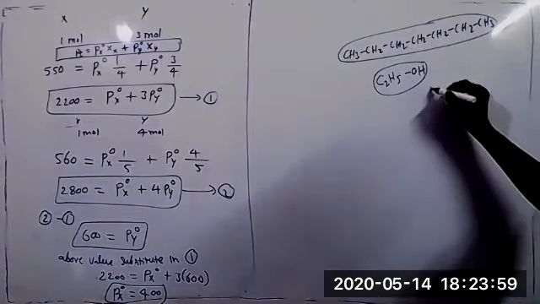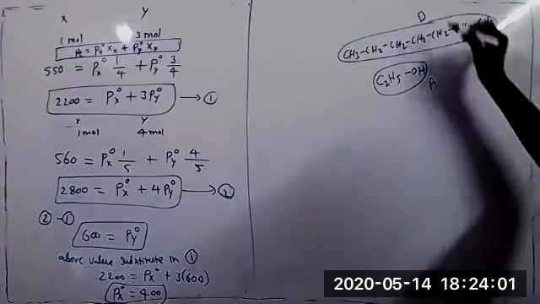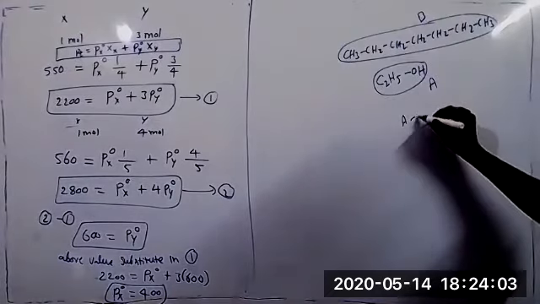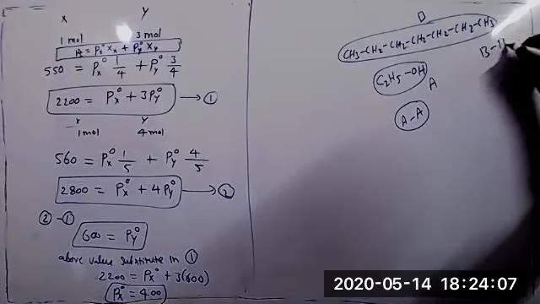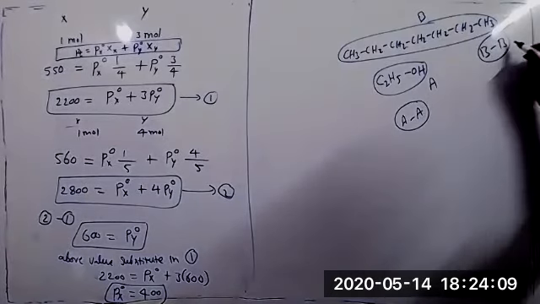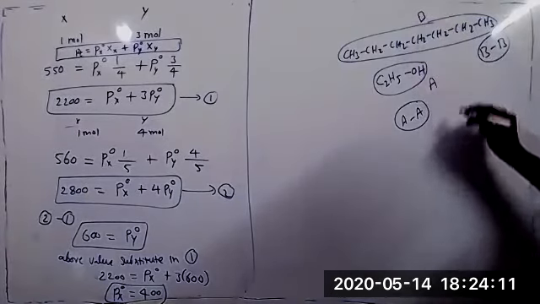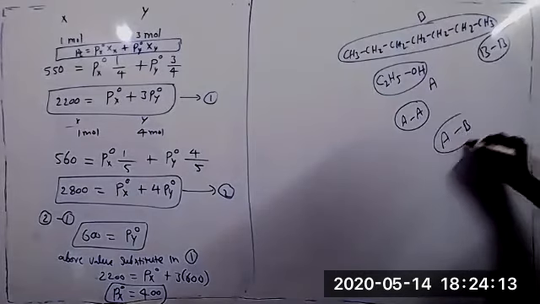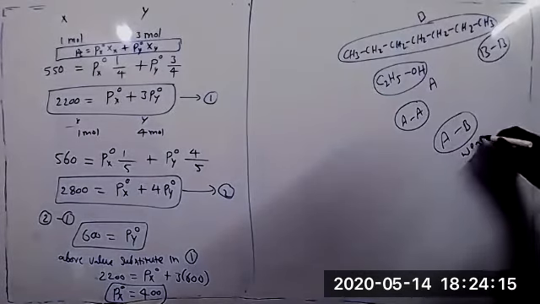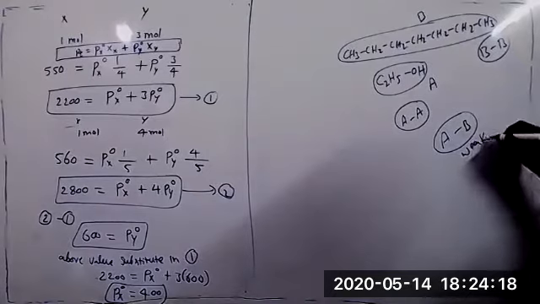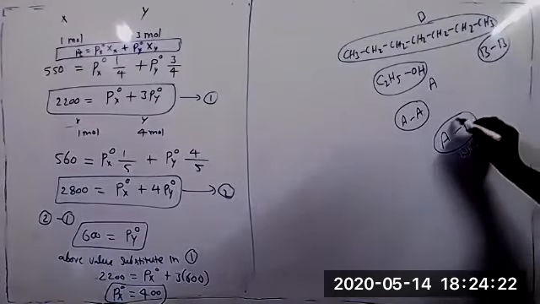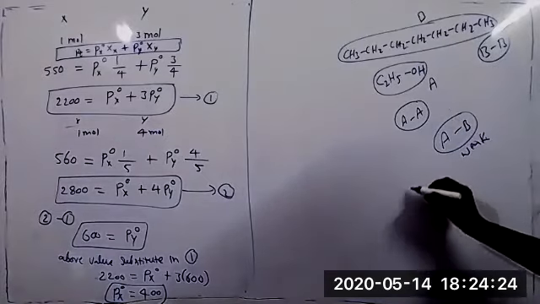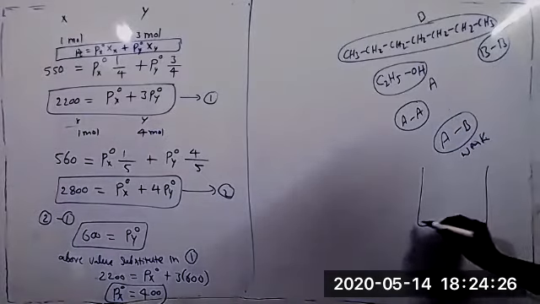That means if you consider this is A and this is B, A interactions are very strong, B interactions are okay. When you mix A and B, it gives AB interaction. AB interactions are weaker than AA interaction. That is why this compound has more vapor pressure. So it shows positive deviation from Raoult's law.